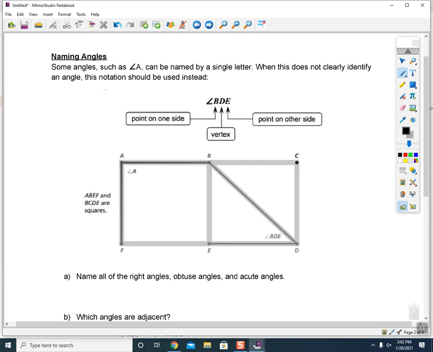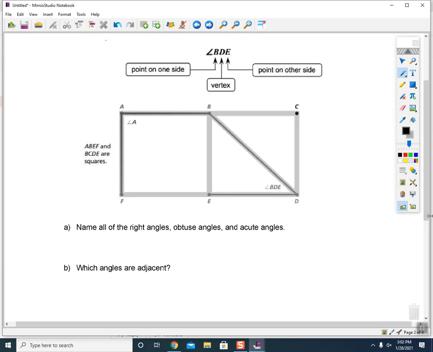So I'll show you what I mean. If you look at this figure here, angle A is kind of just off by itself over here, right? Angle A is right here. It's kind of off on its own. And so it's pretty easy to see where angle A is. But let's say I wanted to talk about this angle over here, and I just said angle D. Well, which one of those angles is angle D?